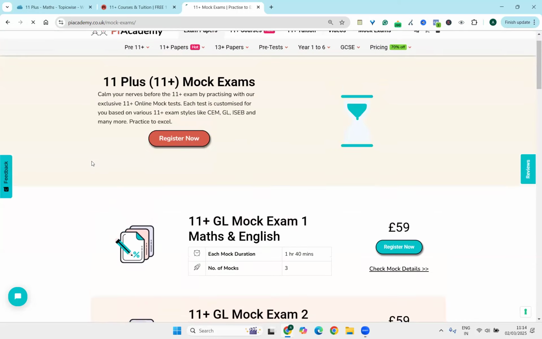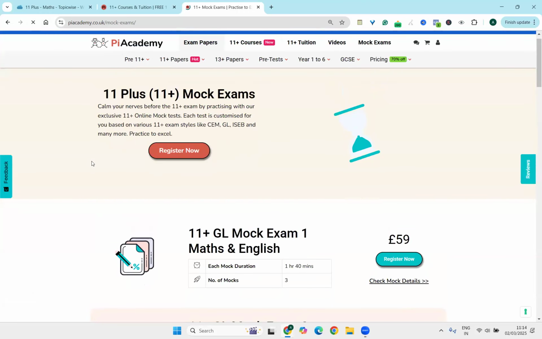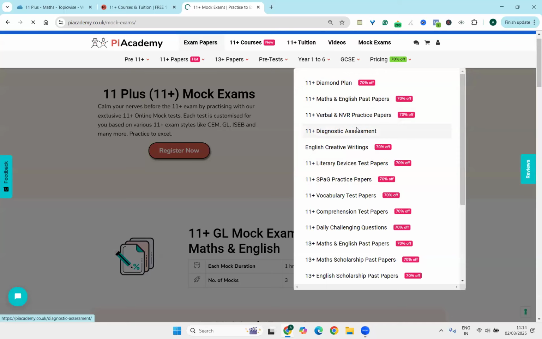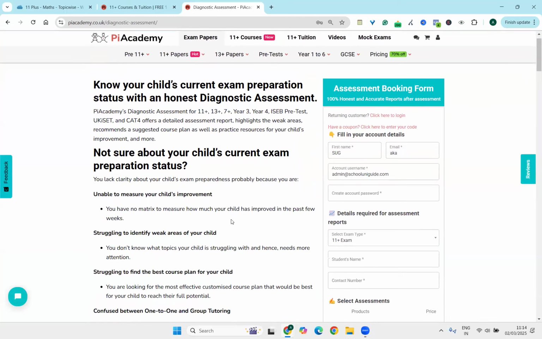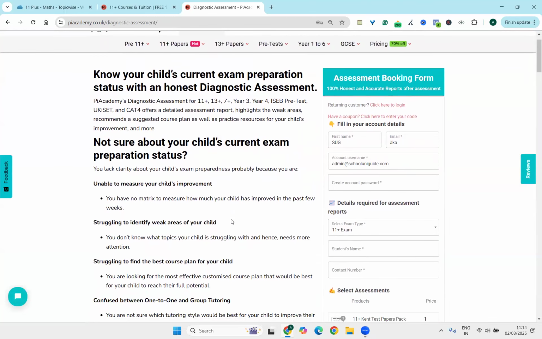It would really be very beneficial if you can let the child see the past papers, or at least practice papers of the school that they are targeting, because that would set the tone and help you understand just how much preparation the child is required to do. We have one product which can help you in this, which is the 11 plus diagnostic assessment. Basically, we check the child's level of proficiency in the various subjects that they are planning to appear for, and we provide a very detailed subject-wise breakdown of the child's attempt.